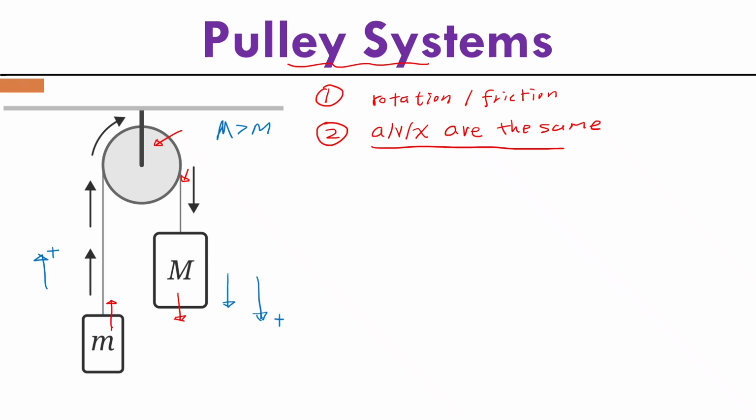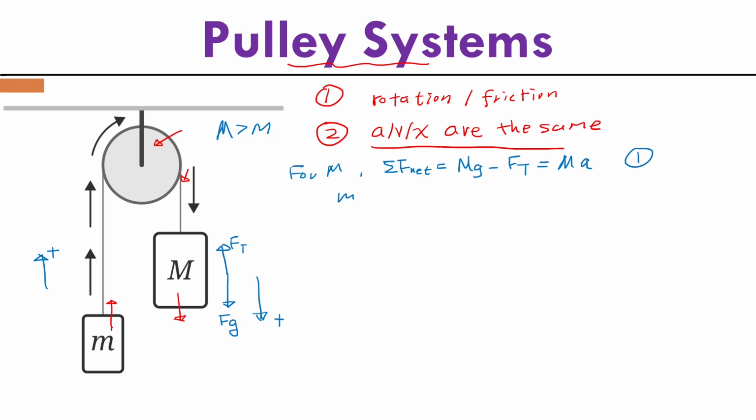We have Fg going down, we have tension going up. Then we can write down Newton's second law for big M: sigma F net equals Mg minus Ft, which equals big M times its acceleration. Let's call this equation 1.